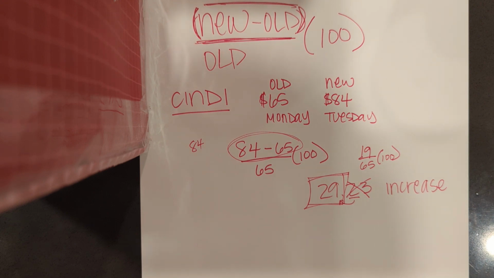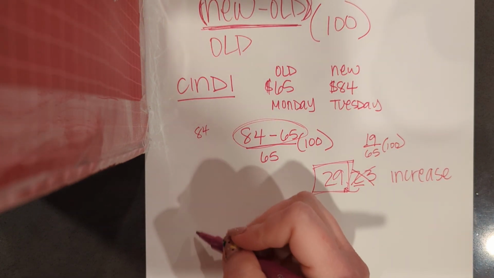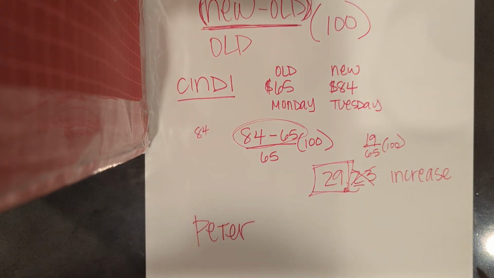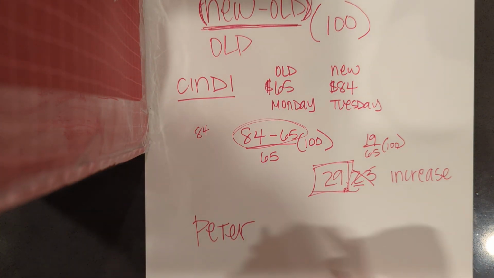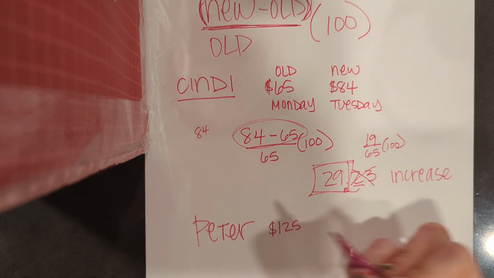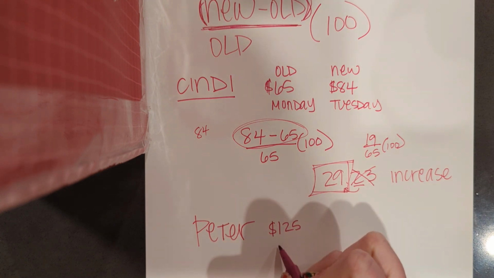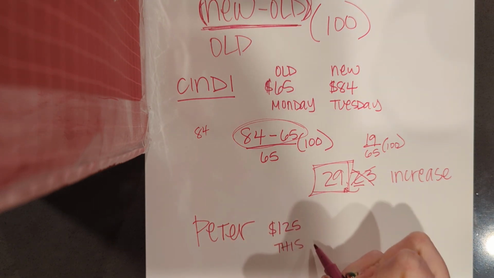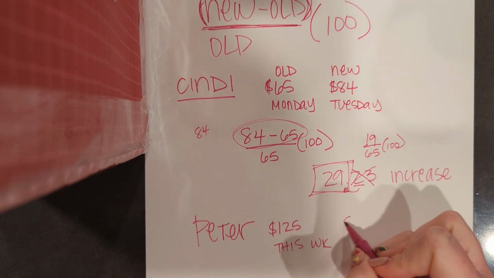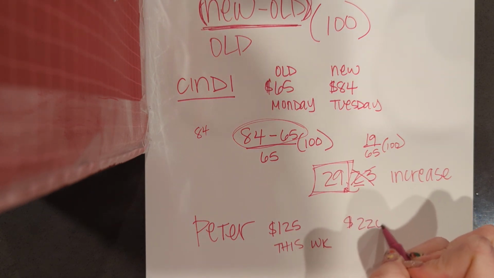Now let's go down to where it says Peter. That's in row number 10. So it says Peter earned $125. That's a number. I'm going to write it down. This week at his job, and last week he earned $220.